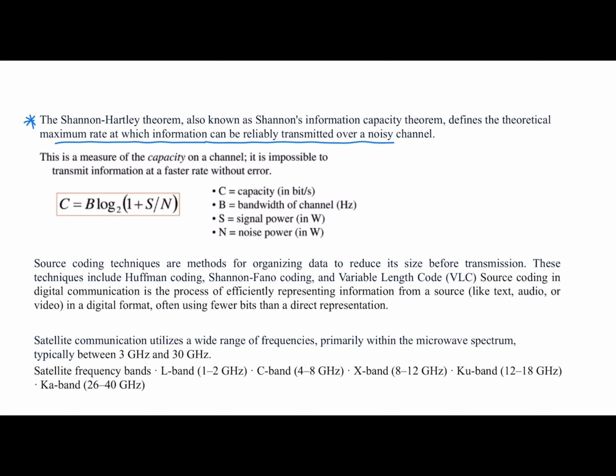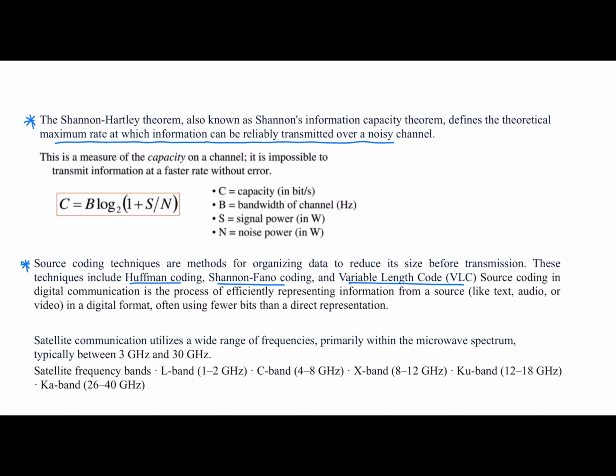Source coding techniques are used to reduce the redundancy. Examples of source coding techniques are Huffman coding, Shannon-Fano coding, and variable length coding used in digital communications.